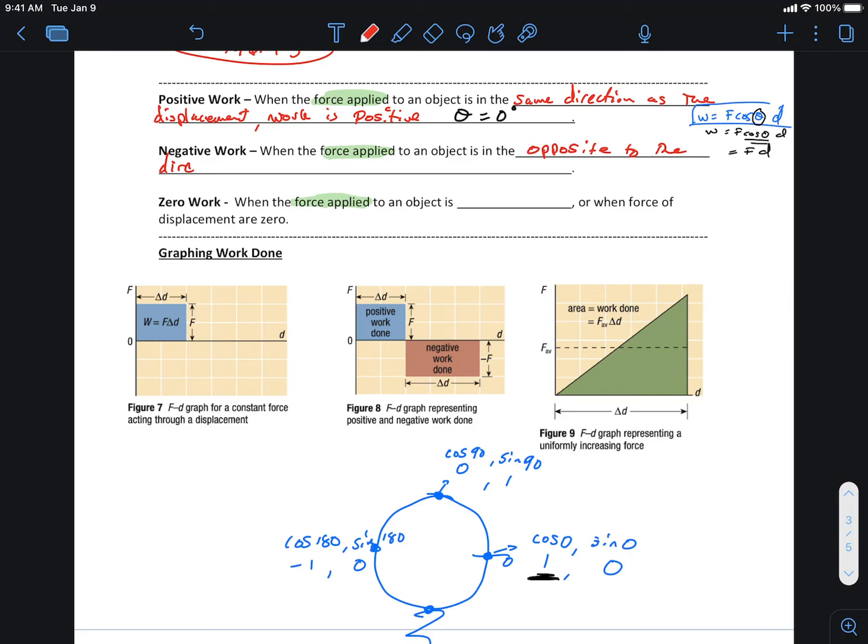So work is negative. What does that mean? Well, if I were to plug in theta equals 180 degrees, then the F cos theta piece is going to come out to be negative FD, right?